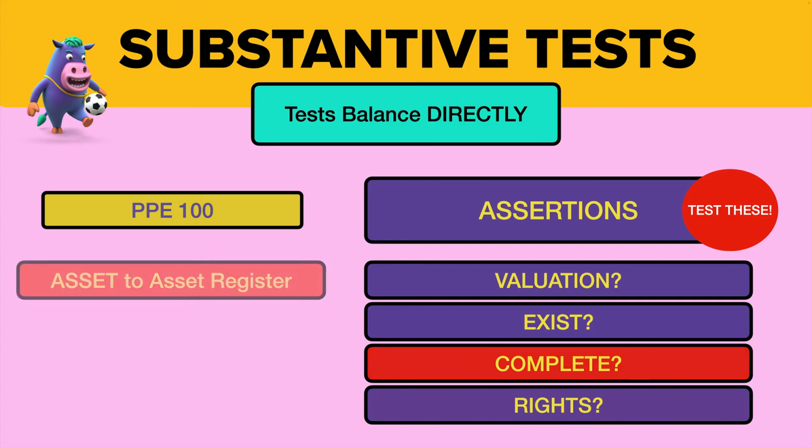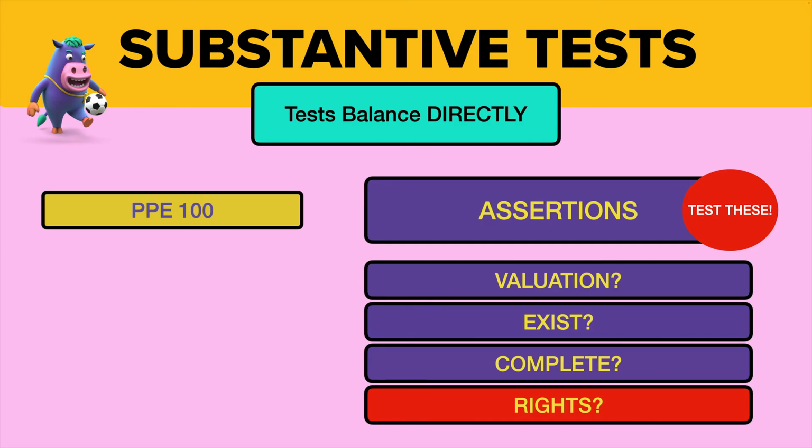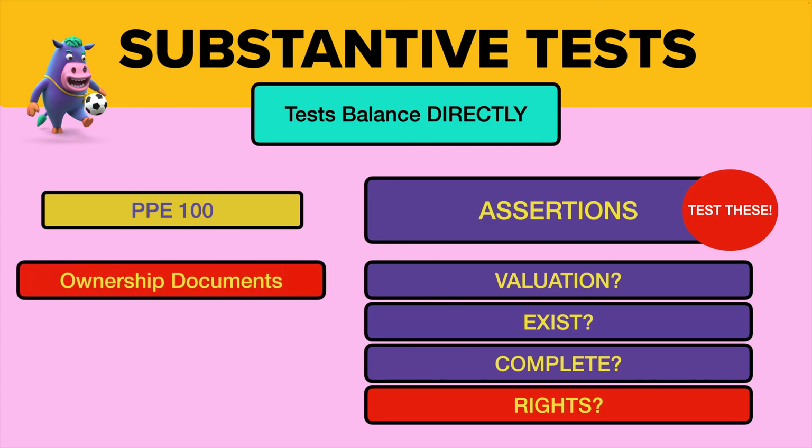And then finally, how can you check that we have the rights to that asset? Simply check the ownership documents. So that's the general idea with substantive tests. You're always testing assertions. What we'll go on to do is give you another technique for doing this in the actual exam to make sure that you get the full marks. But if you just think of the assertions, you will always score the full mark.